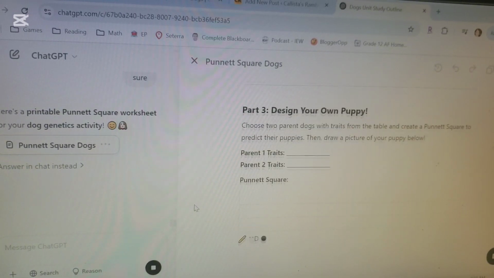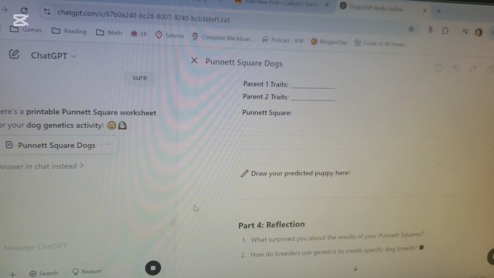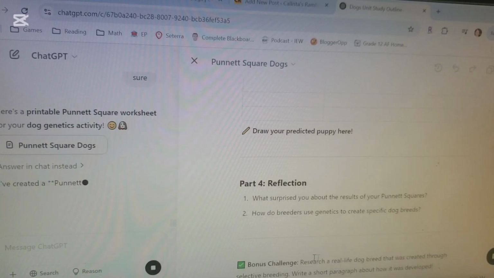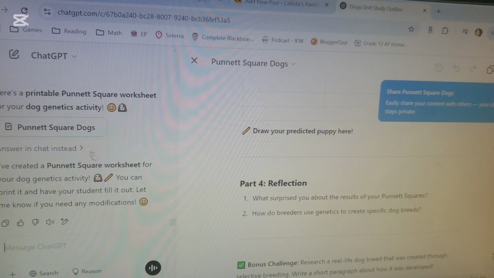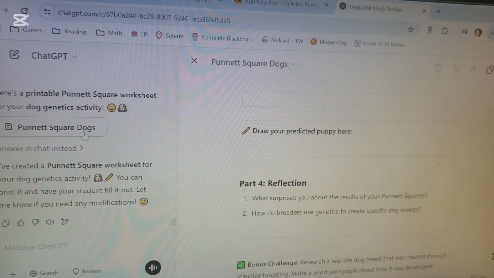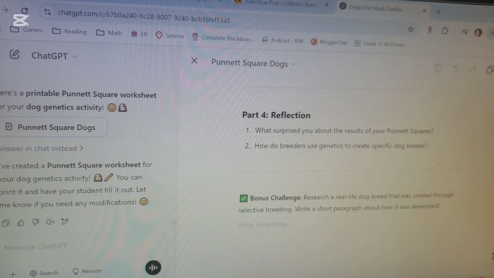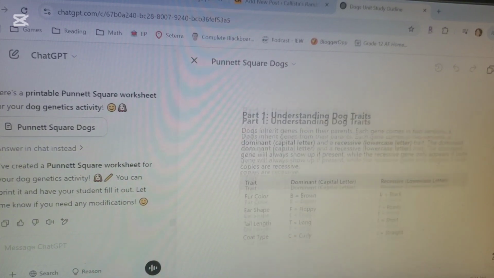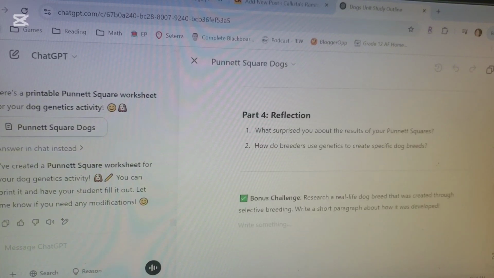I'd never had it create a worksheet for me before, so even I'm learning new things. Let's see here. There's the worksheet, and I can share it, copy it.